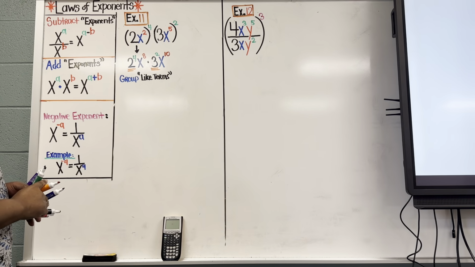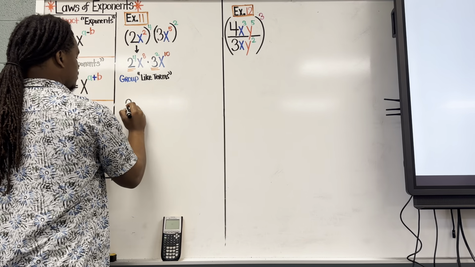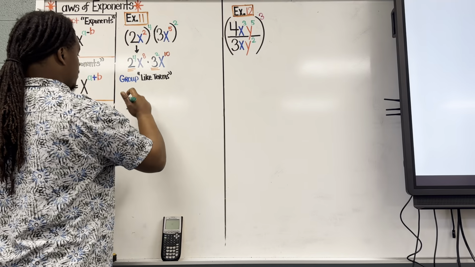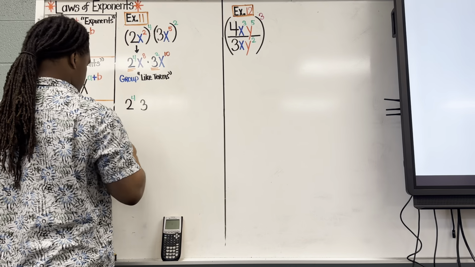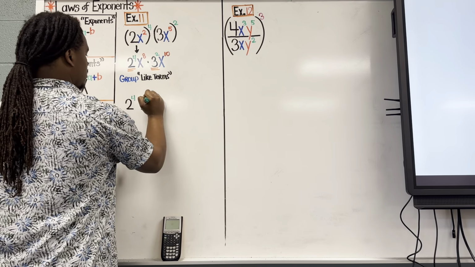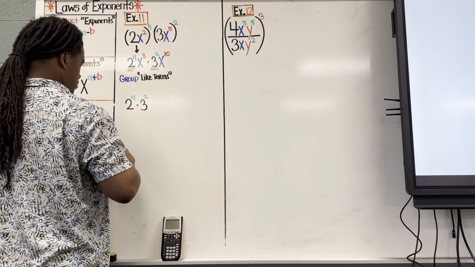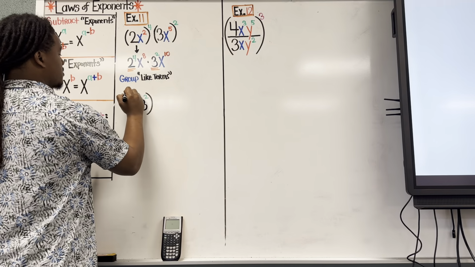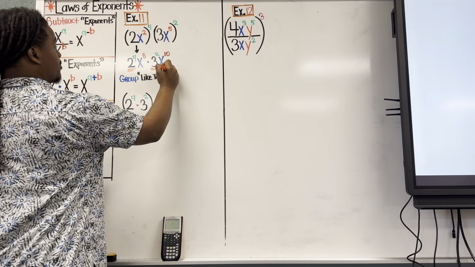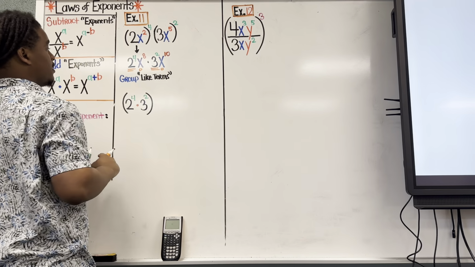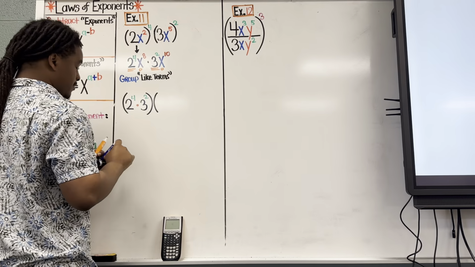So we're going to group 2 to the 4th power with 3 to the 2nd power, so it's going to be 2 to the 4th power times 3 to the 2nd power. And then we're just going to put those in their own parentheses. Next, we have the x's. I'm just going to put a circle under them so you can see them. So we're going to group x to the 8th power with x to the 10th power.